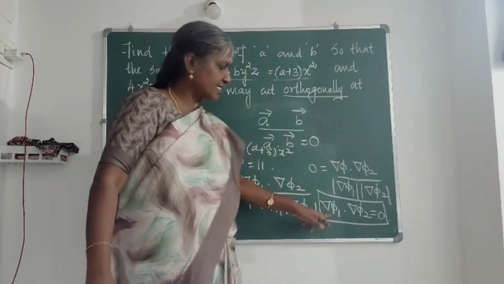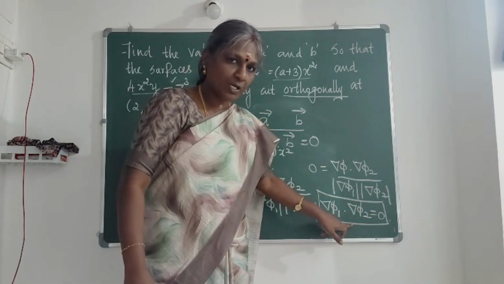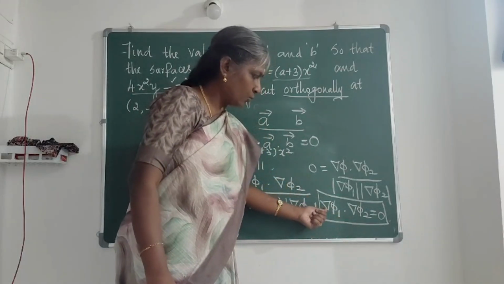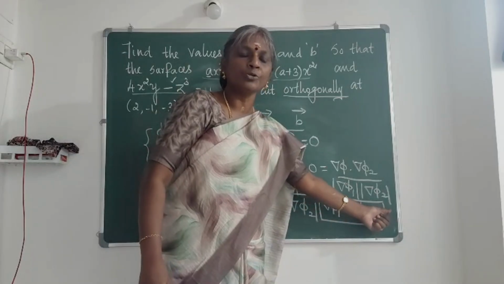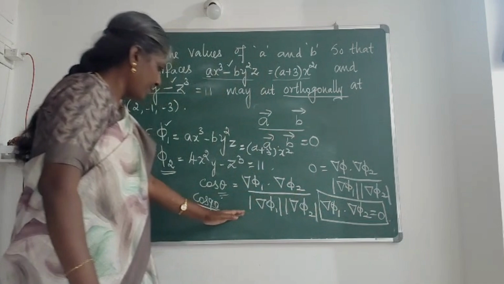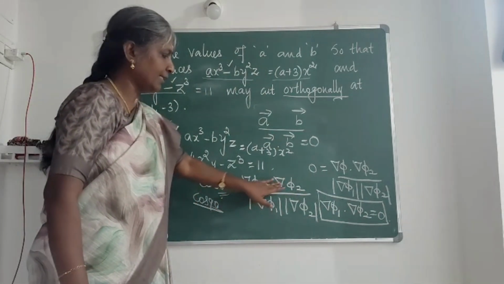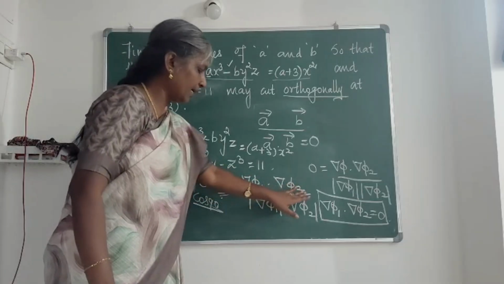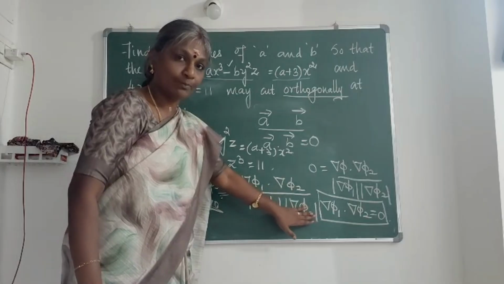Two surfaces cutting orthogonally means the condition is del phi 1 dot del phi 2 is equal to 0. It is from cos theta is equal to del phi 1 dot del phi 2 divided by modulus of del phi 1 into modulus of del phi 2.